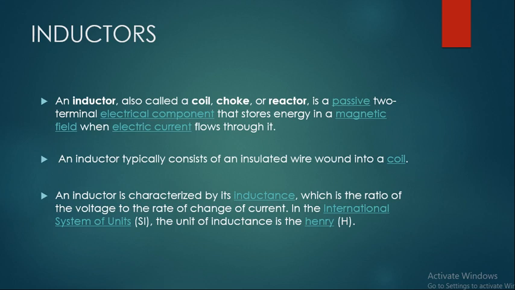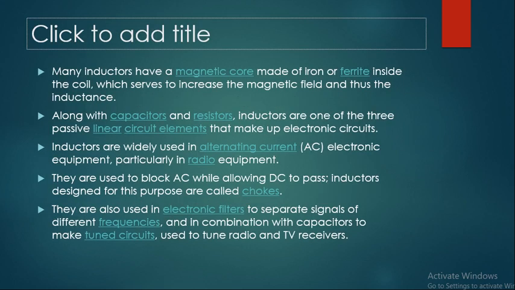In the international system of units, the unit of inductance is the Henry. Next, many inductors have a magnetic core made of iron or ferrite inside the coil, which serves to increase the magnetic field and thus the inductance.